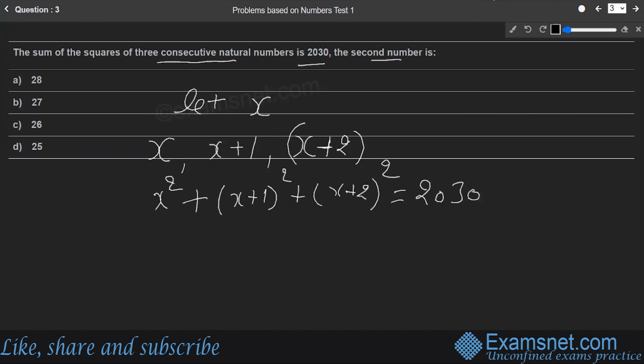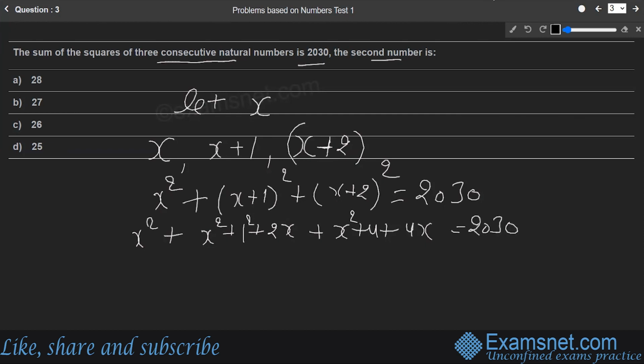So let us try to solve this. This is x square. We can open x plus 1 whole square by the a square plus b square plus 2ab formula. So it's going to be x square plus 1 square plus 2 into x. Similarly, this can be opened by the same formula. It's going to be x square plus 4 plus 2 into 2 into x, that is 4x, is equal to 2030.